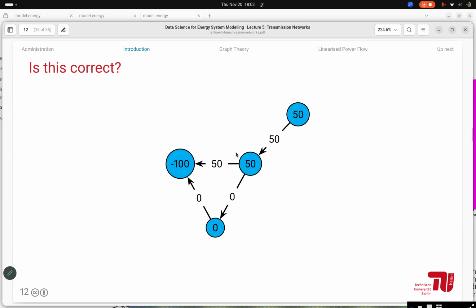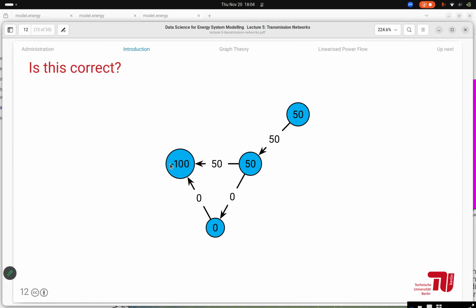And the naive version would be you would maybe say something like this. Say, okay, I have 50, I need to bring it here, so I send 50 here. Well, this is also completely wrong. But anyway, I send 50 here, I produce another 50 and send 100 to this node.